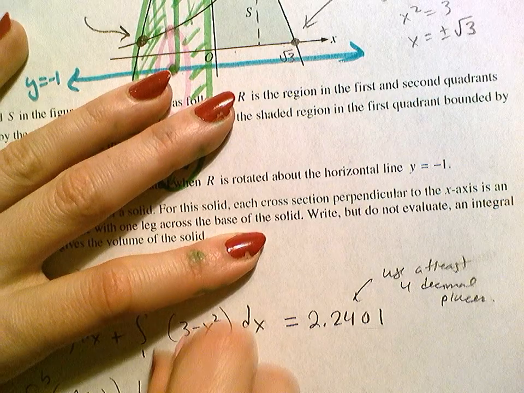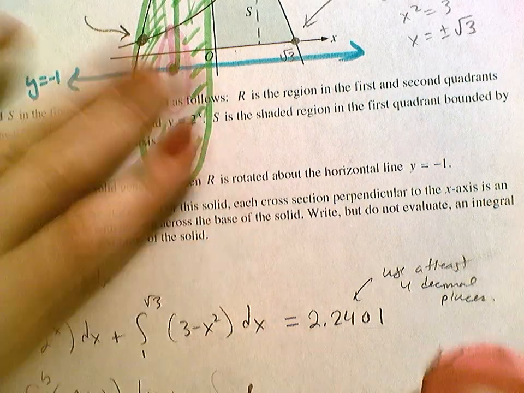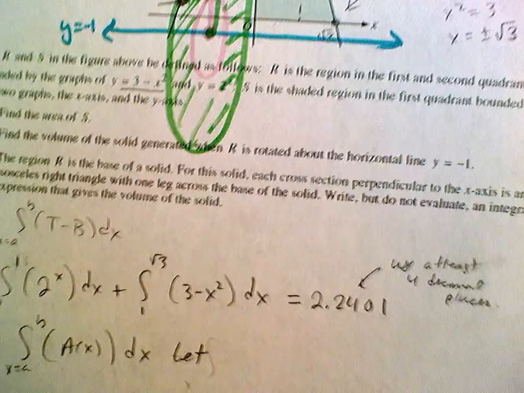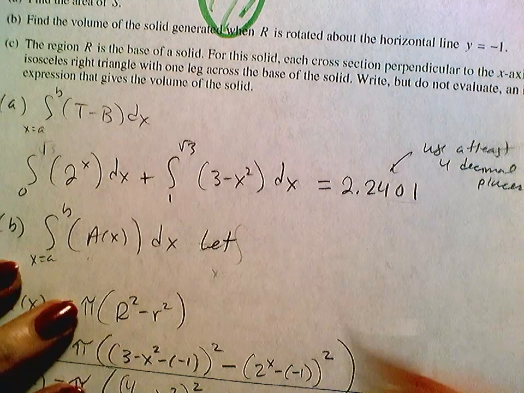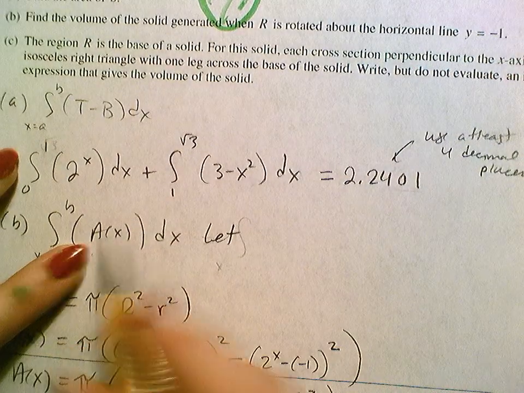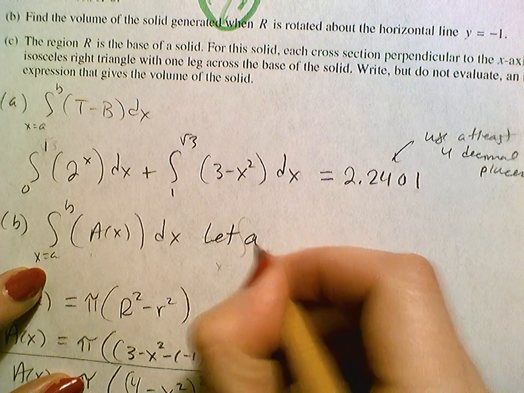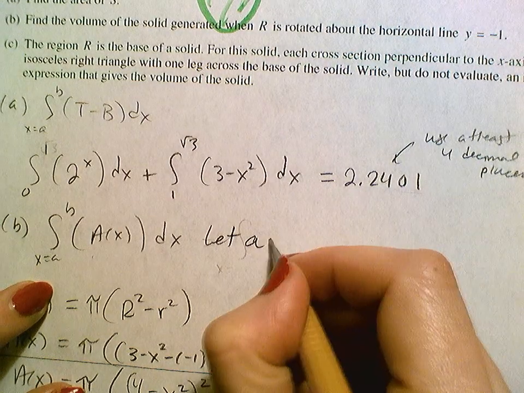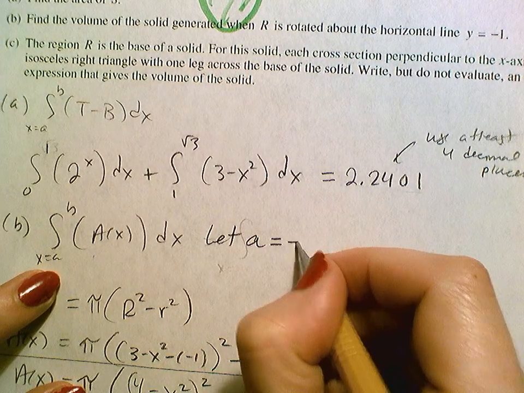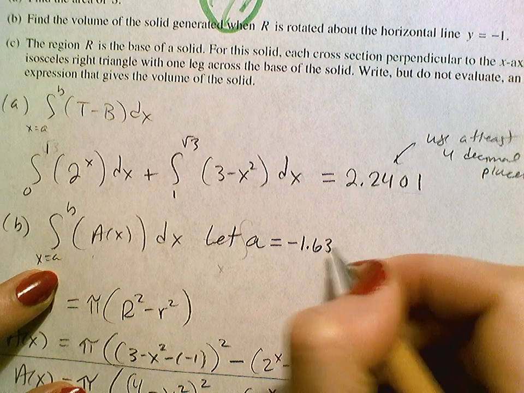Okay, so let me erase this, sorry. Okay, so I'll use lowercase a because I'm using capital A for area. So I'll let lowercase a equal negative 1.636.